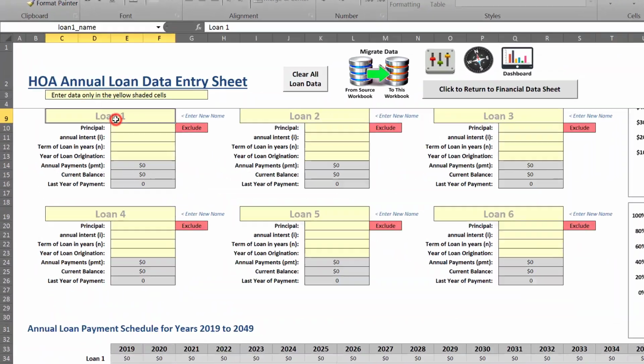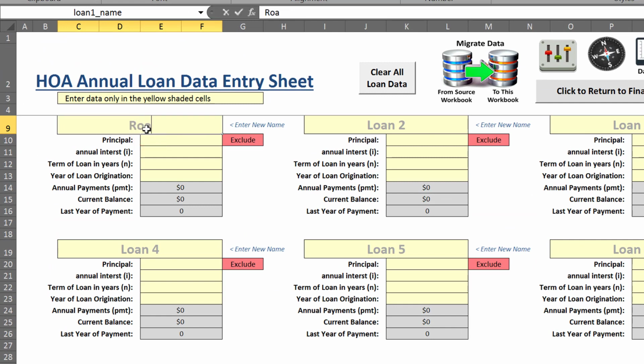Well, if we took out a loan in 2040, which would be for road resurfacing, let's take out a $200,000 loan, a significant amount of money, of course, with an annual interest rate of 3% and a loan term of 15 years starting in 2040.